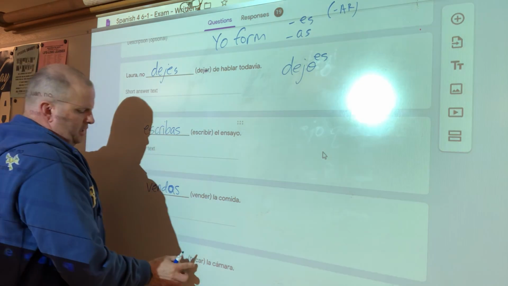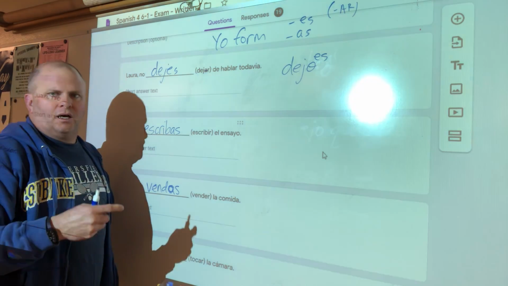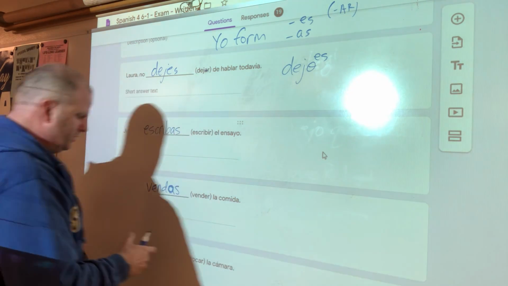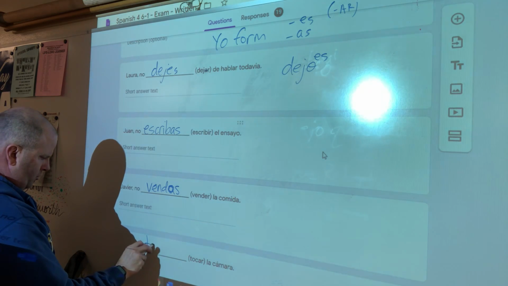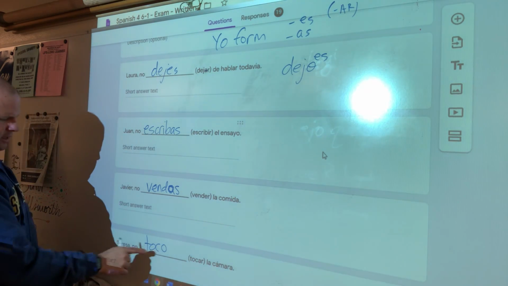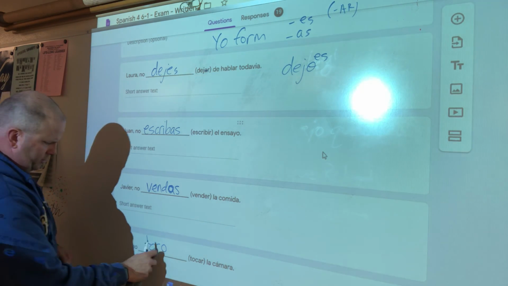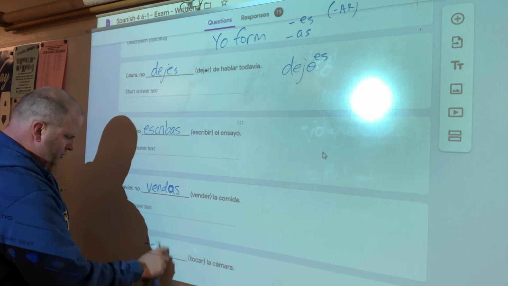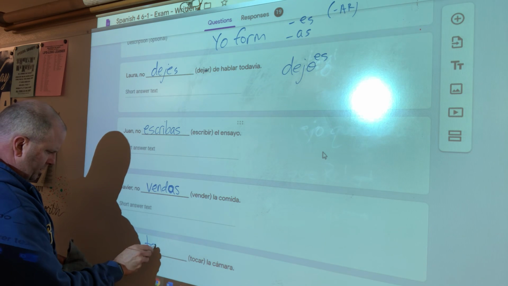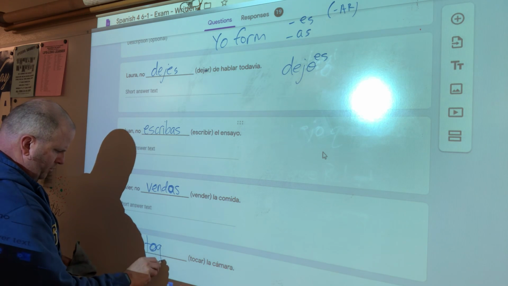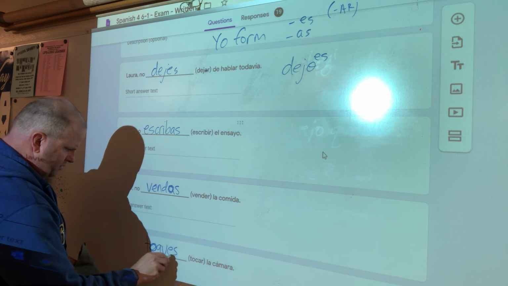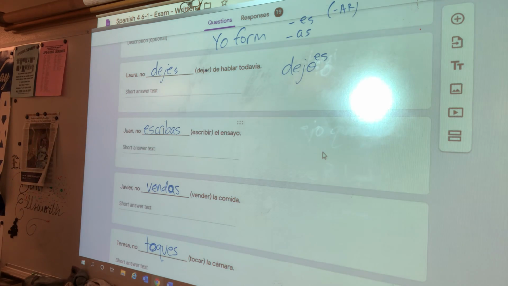I was very impressed. We have to do the spelling change. My yo form is toco. This is going to change to es, but because of the es, I also have to change the C to QU. So we have toques: T-O-Q-U-E-S. No toques la cámara.